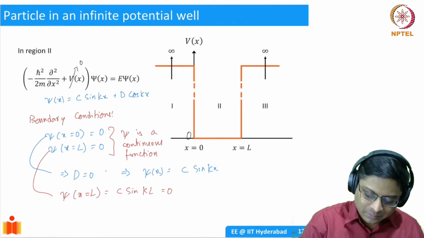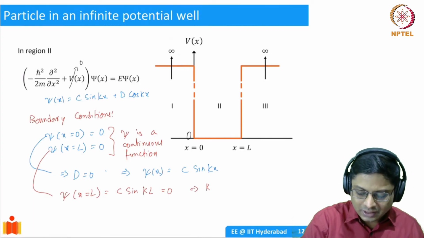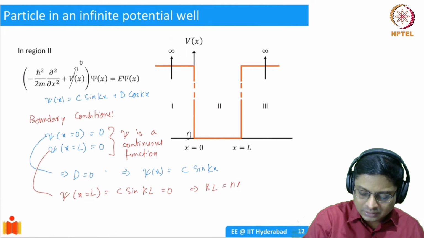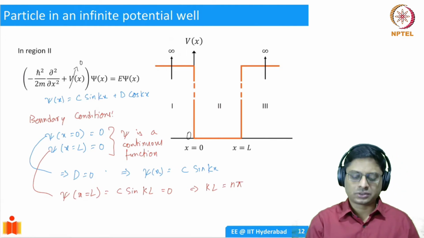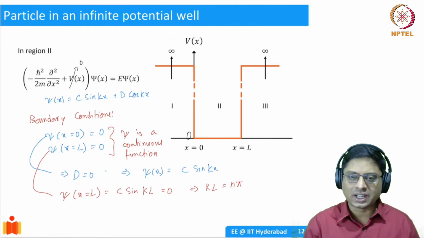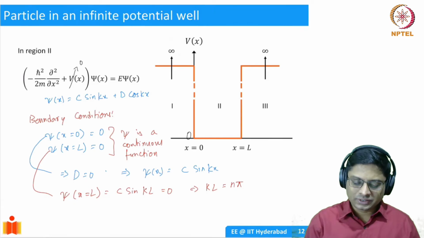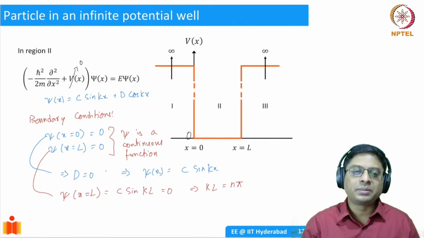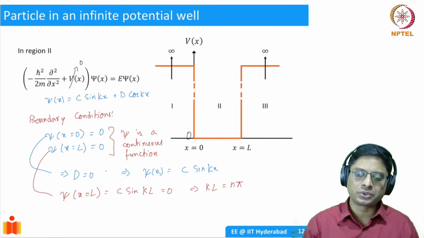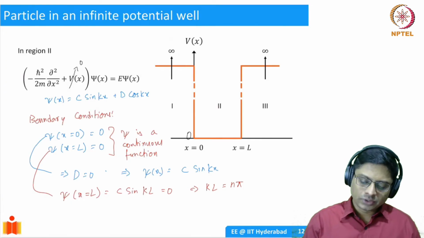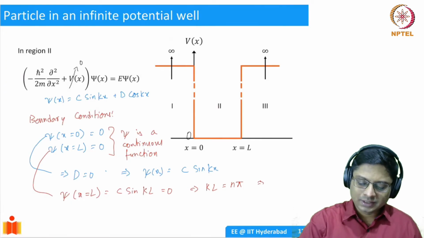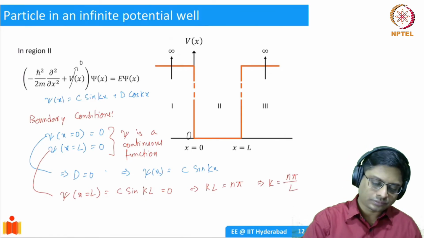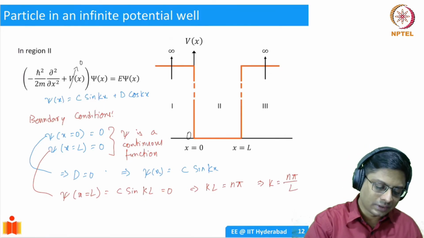This implies that k times L should be n times pi. Only when the variable in the sine function is n times pi can we be assured that the sine function goes to 0. So k is n pi by L. This is an important relation.